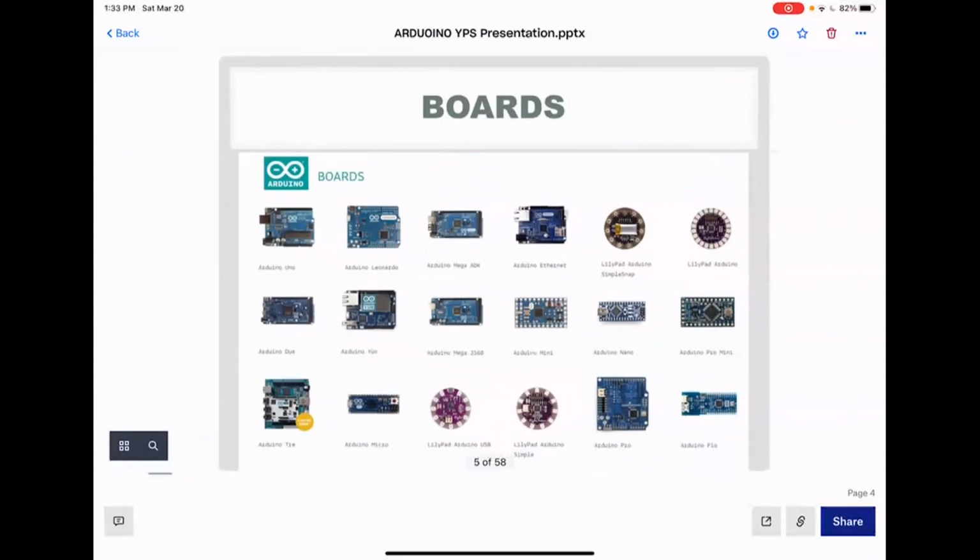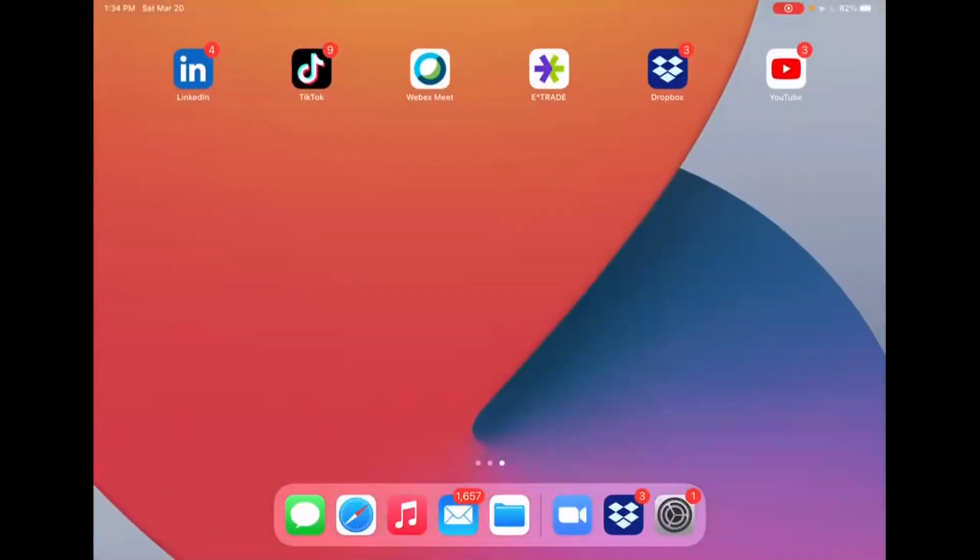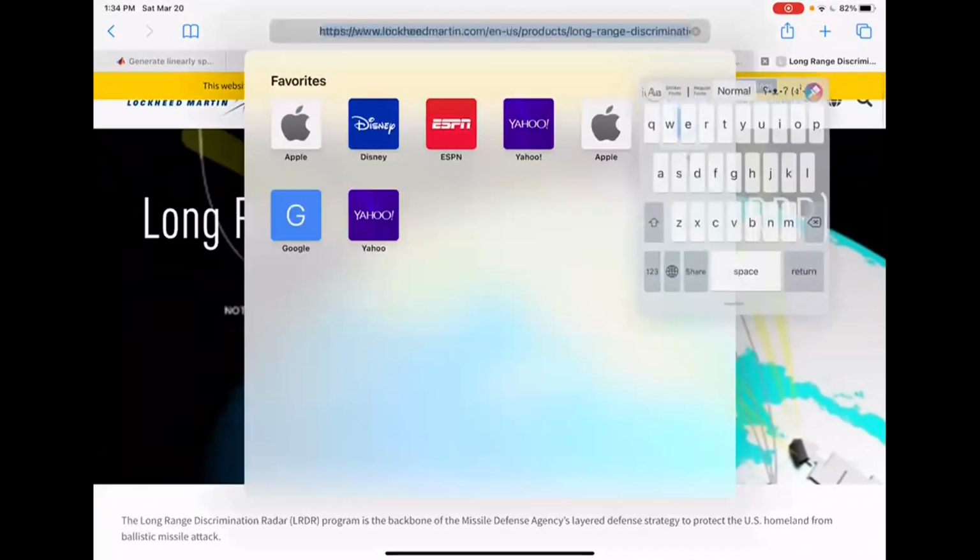Next slide. So there are many boards. Like I said, hardware and software are open source. That means you don't really have to go to the Arduino website to buy the original one. Although I had better success with the boards from the website with the Mac, the other ones are really not compatible.